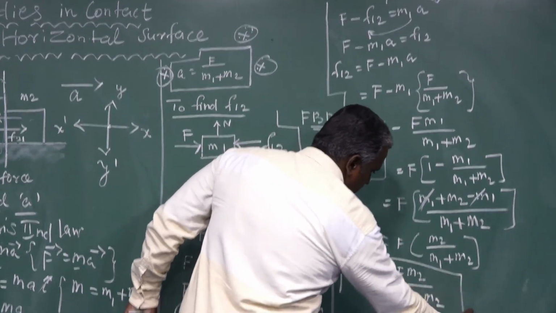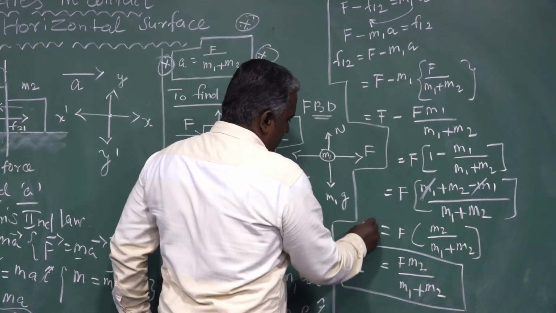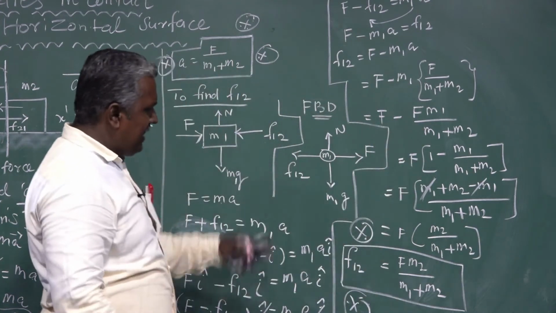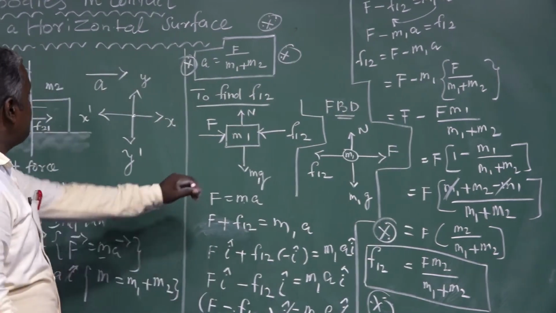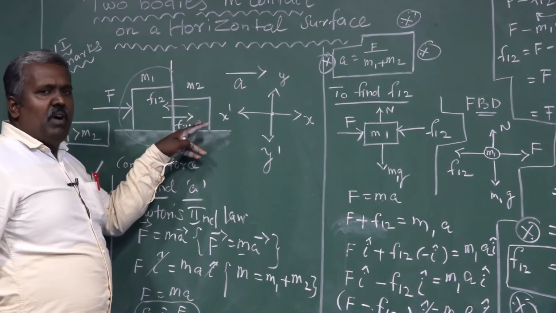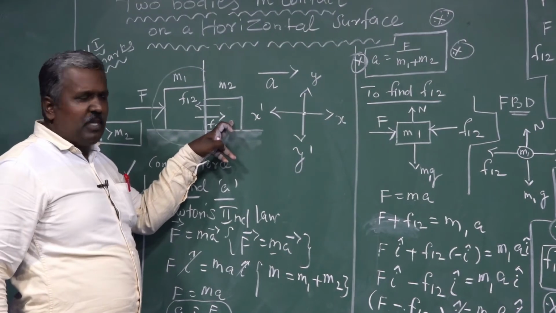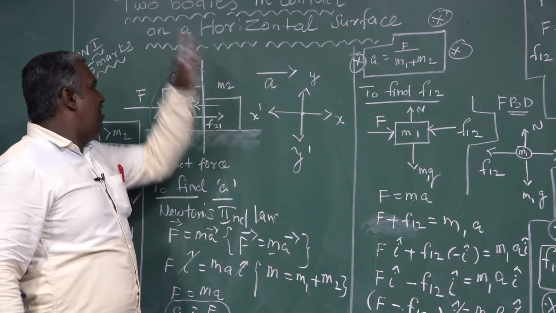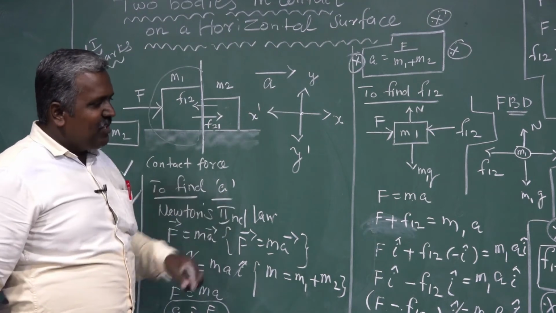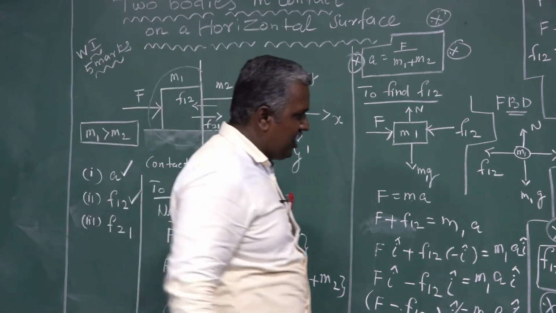That's all. Very important. Second formula. This is the value of the force exerted by the block of mass M2 on M1. Which direction?